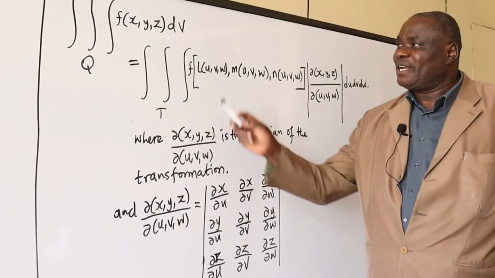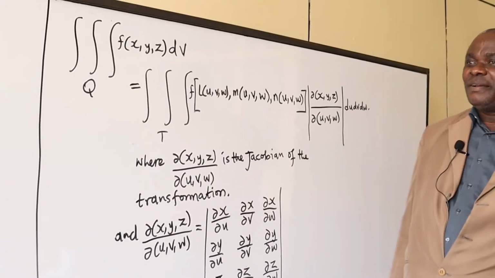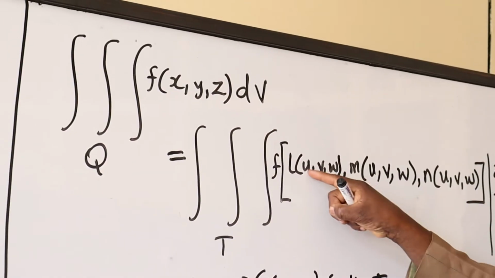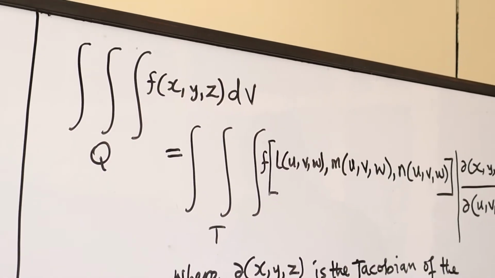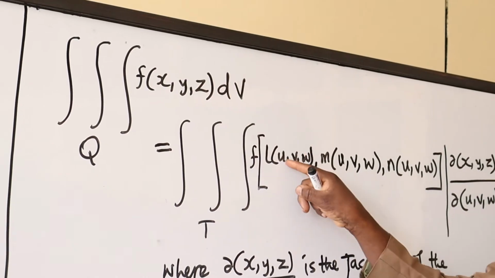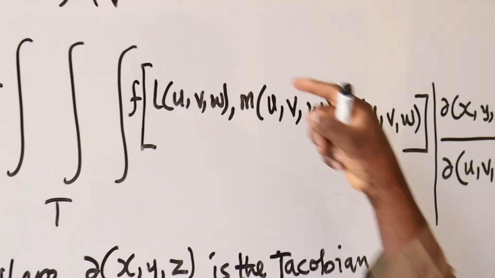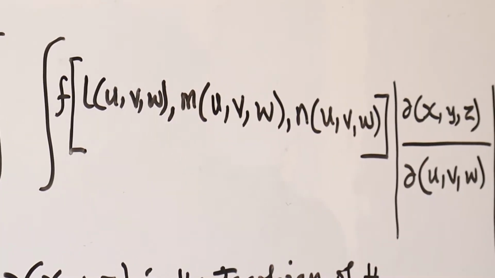So for change of variables in triple integrals, we are changing x, y, and z in terms of u, v, w. So x will be a function of u, v, w, y a function of u, v, w, and z a function of u, v, w.